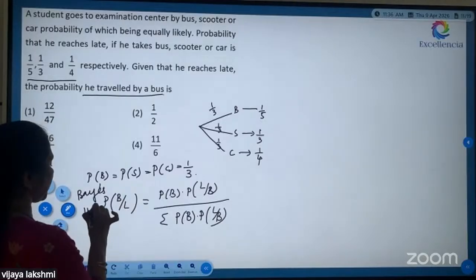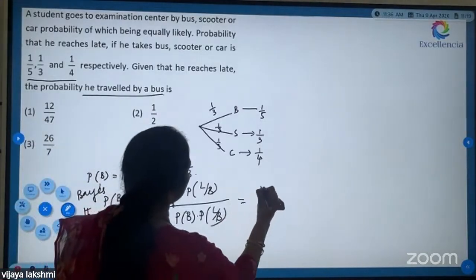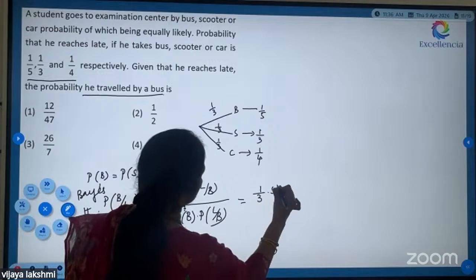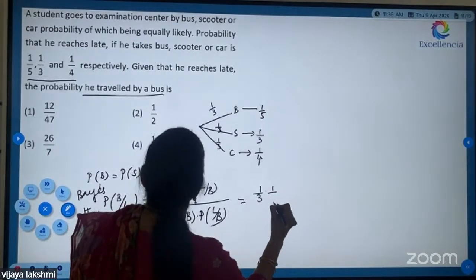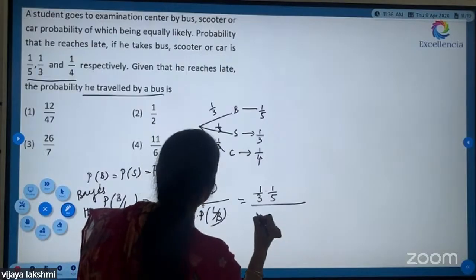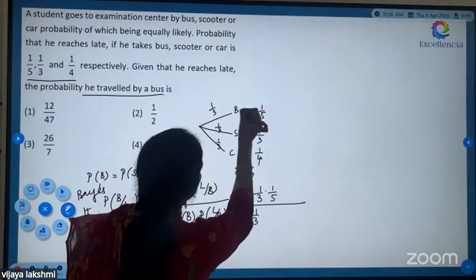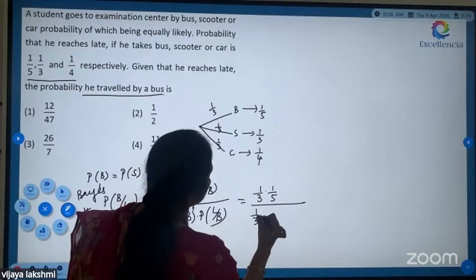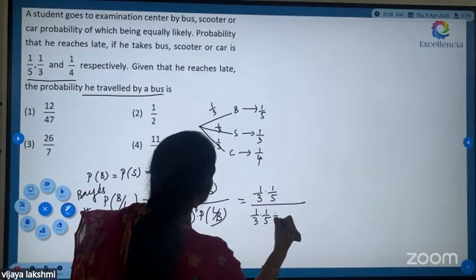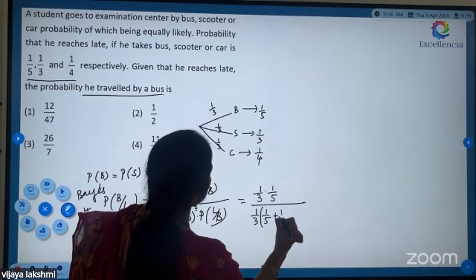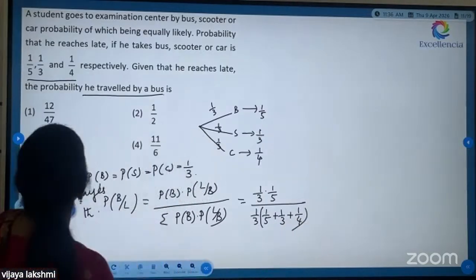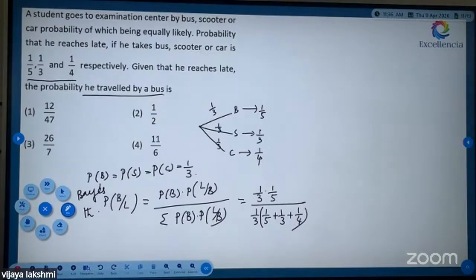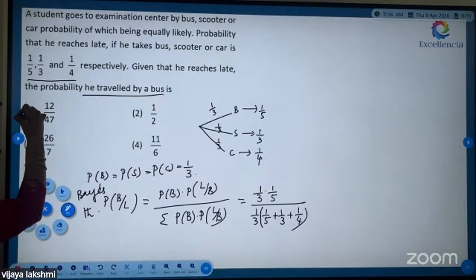Just we can write it 1 by 3 into 1 by 5 divided by 1 by 3 into 1 by 5 plus 1 by 3 into 1 by 3 plus 1 by 3 into 1 by 4. 1 by 3 is common. So we calculate, the answer is 1 by 47.